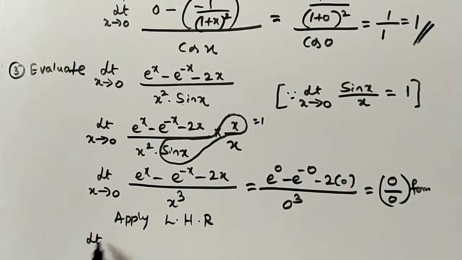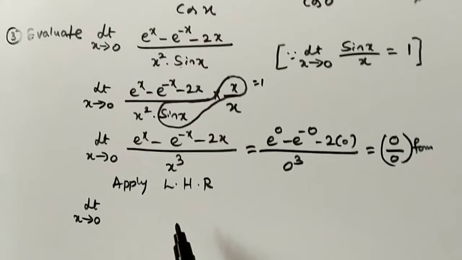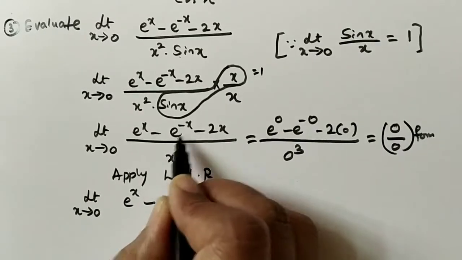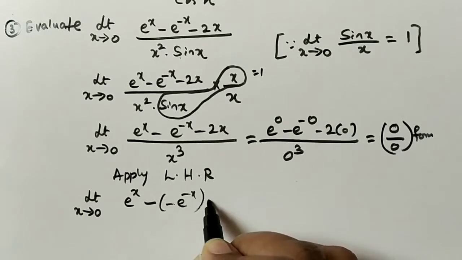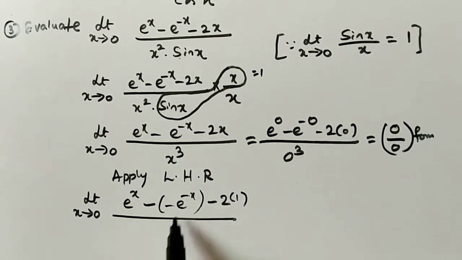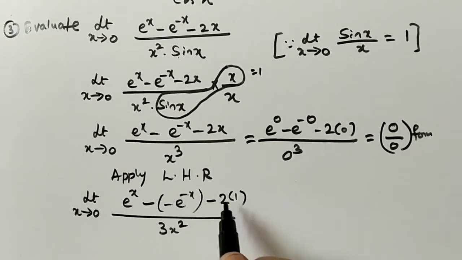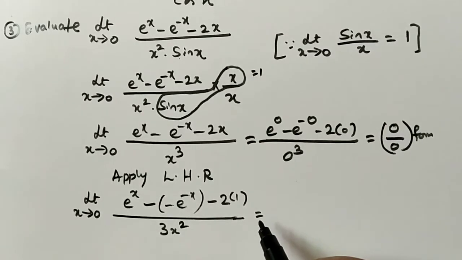So if you apply L'Hospital rule, limit x tends to 0. Differentiate: e power x differentiation is e power x, minus e power minus x differentiation is plus e power minus x, minus 2 into x differentiation is 1, divided by x cube, which is 3x square. Now we have differentiated. Now again you have to confirm whether it is 0 by 0 or a defined value.